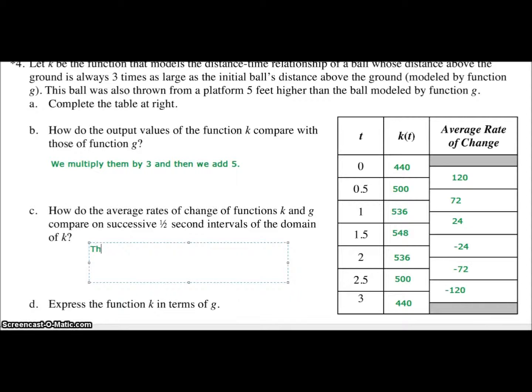They are 3 times larger. I should say that the average rate of change for k is 3 times as large as that for g on successive 1/2 second intervals.